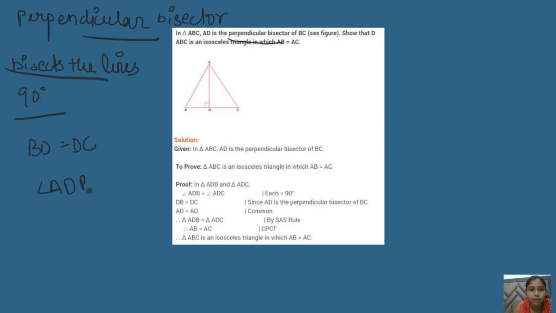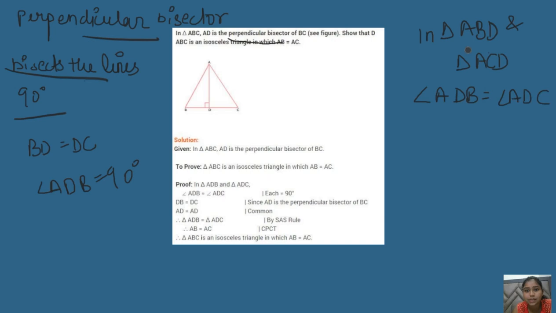So what we have to prove is that ABC is an isosceles triangle in which AB is equal to AC. Now how will we prove it? By CPCT we can prove this. So we consider triangle ABD and triangle ACD, right? Angle ADB is equal to angle ADC because of the perpendicular bisector.